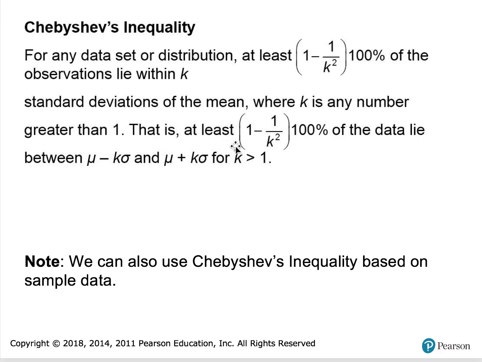That is, at least 1 minus 1 over k squared times 100% of the data lie between mu minus k times sigma and mu plus k times sigma. This is the same notation we had on the empirical rule. And of course, we can also use it on sample data.